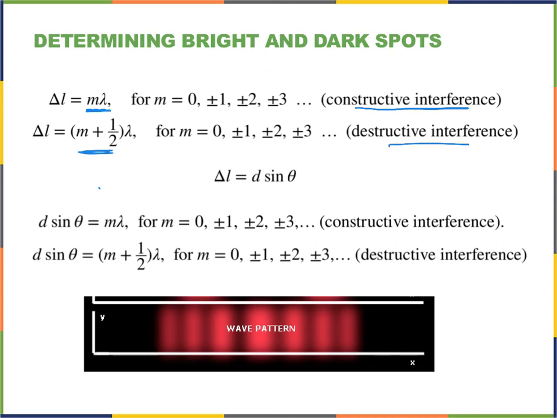We already knew that, but in the previous slide we found that the difference in the path length is related to d sine theta, where d is the distance between the slits. Substituting in d sine theta for delta L, these are our conditions for where we have bright spots and dark spots in our double slit experiment.